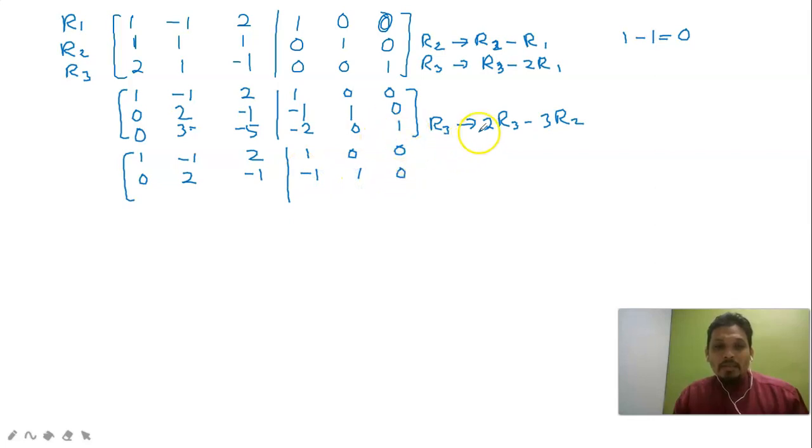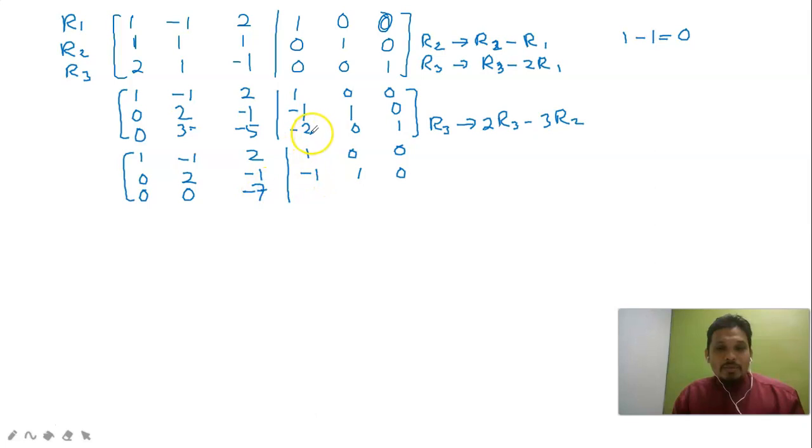Now 2 times 3 between R3 and R2 here, 0 and 0, nothing changes, 0. 2 times 3 equals 6, negative 3 times 2 equals negative 6, so 6 minus 6, 0. 2 times negative 5 equals negative 10. Negative 3 times negative 1 equals positive 3. So negative 10 plus 3 is negative 7.